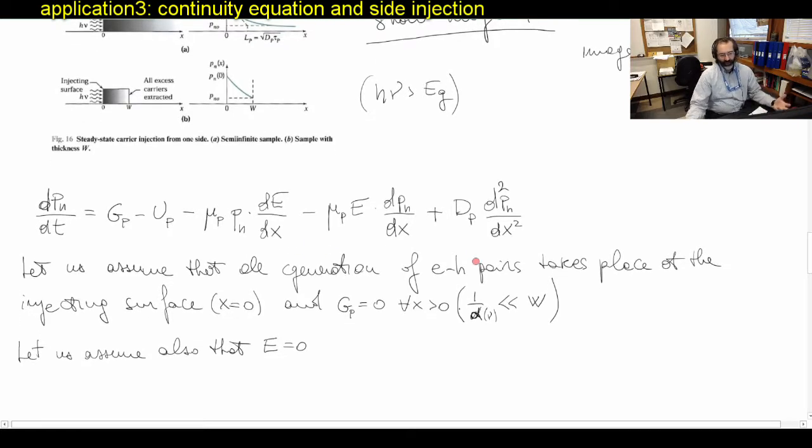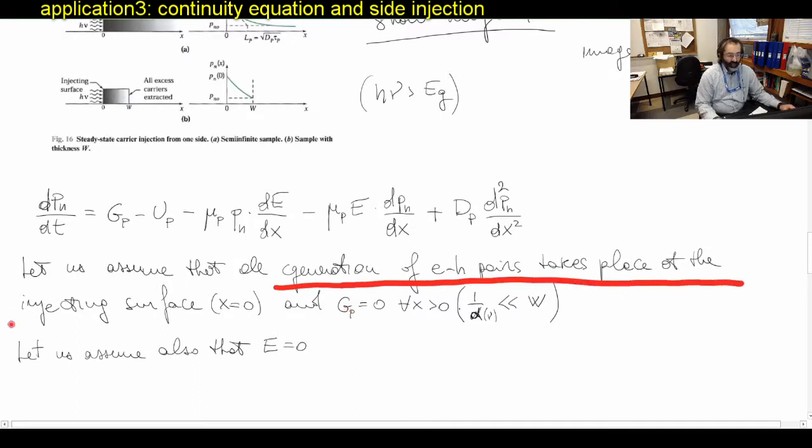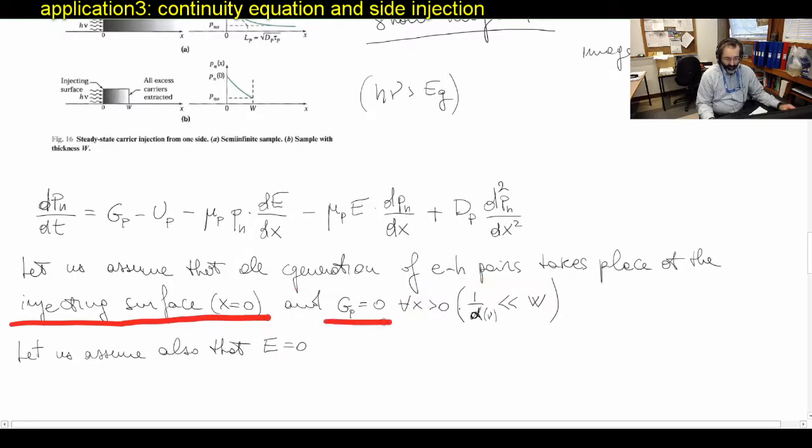Now, we will make some simplifying assumptions. The first one, very important, is that the generation of electron and hole pairs takes place at the injecting surface. And then Gp is 0 for any x beyond x equals 0.